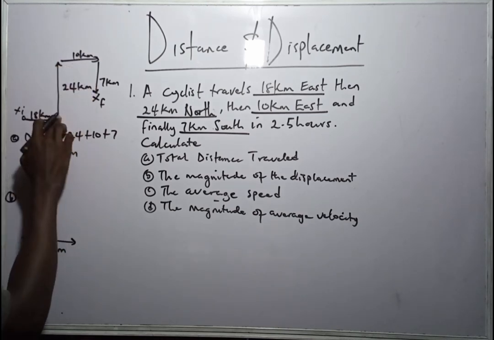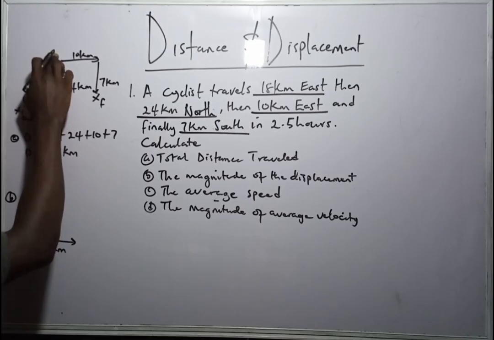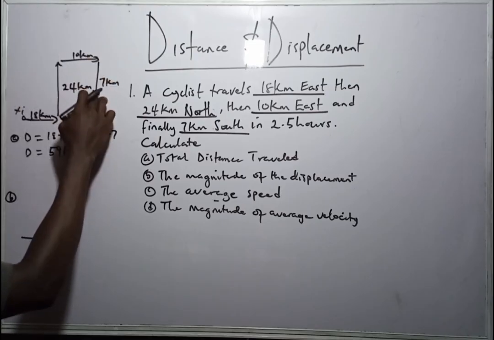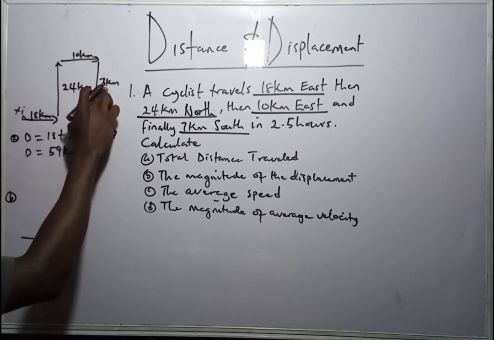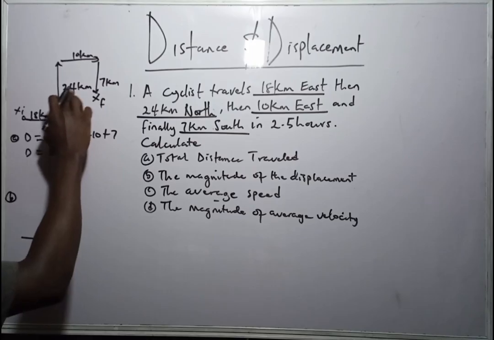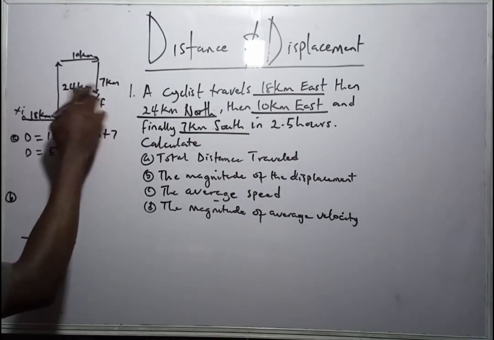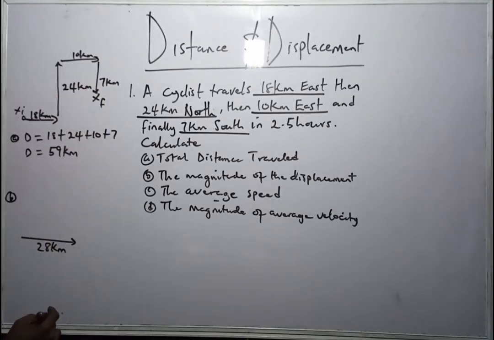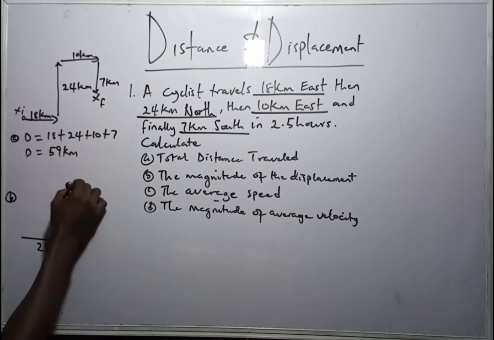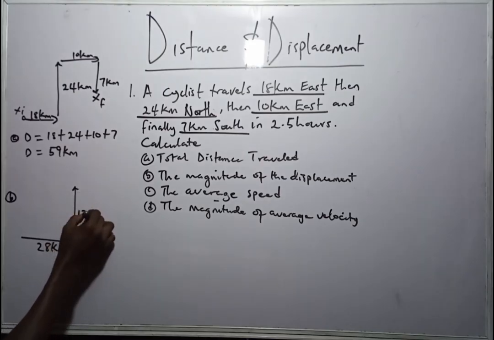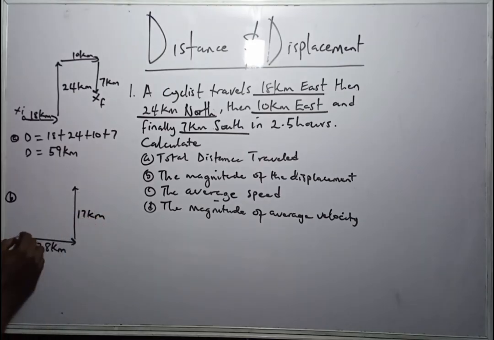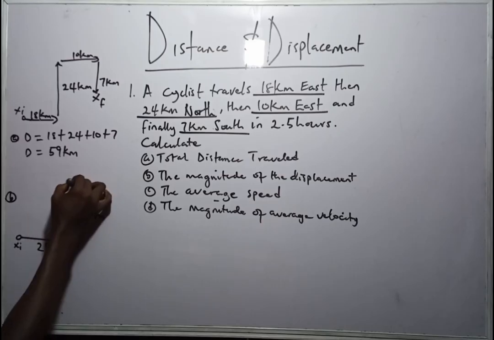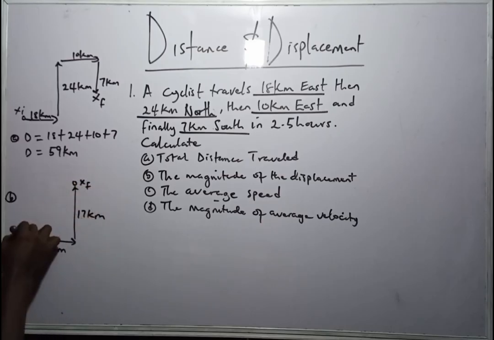Look at this. This is going towards north, and that is 24. But it returned back 7 kilometers. So you are going to subtract 7 from 24, and that gives you 17 kilometers. This will be our x initial and this will be our x final.